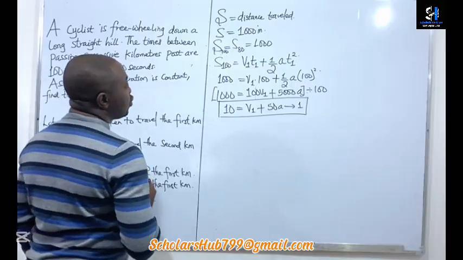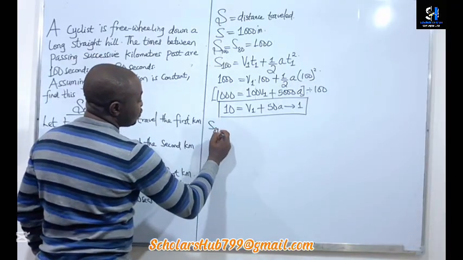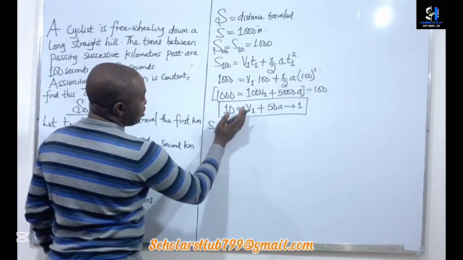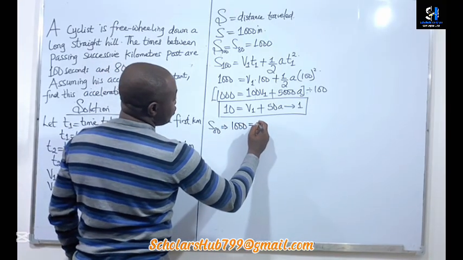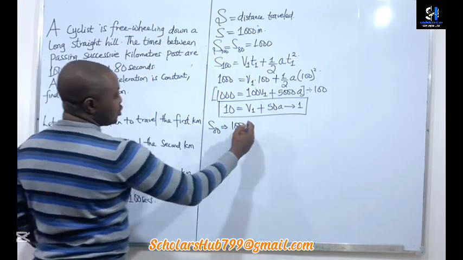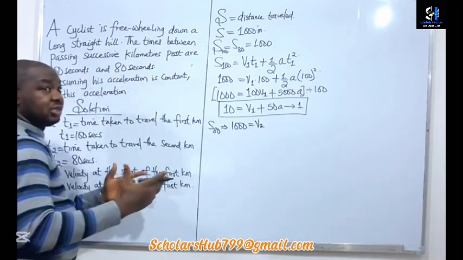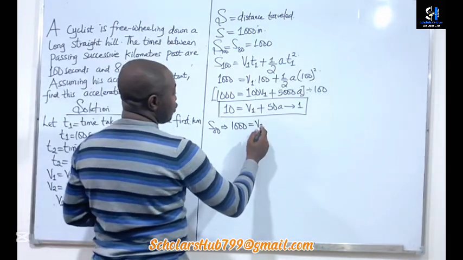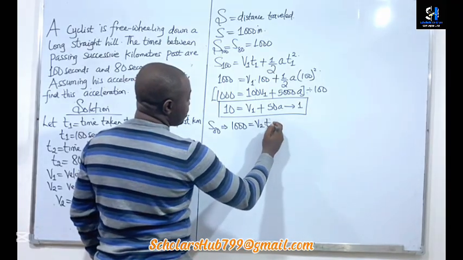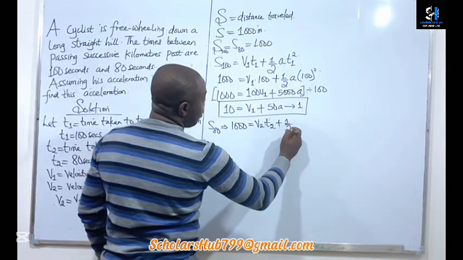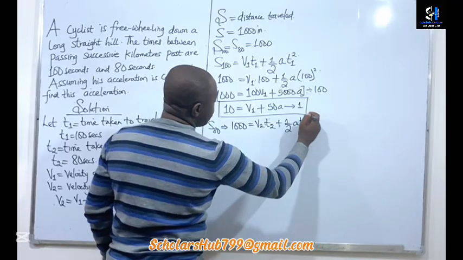All right. So for S subscript 80, we also have 1000 equals, this will be V2, a different velocity now. So V2 multiplied by T2, which is 80, then 1/2 of A T2 squared.